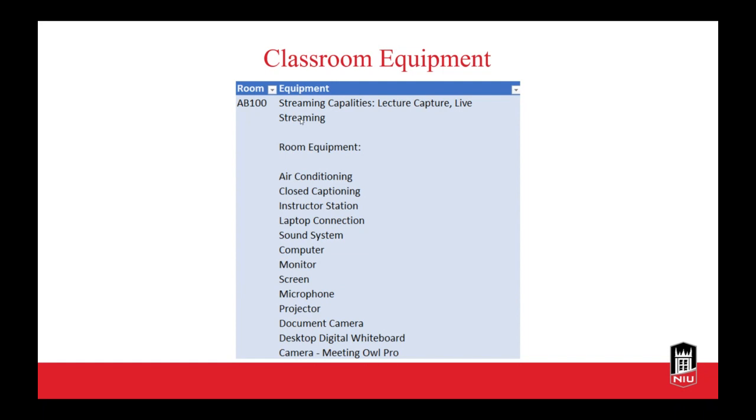But then this room also has a document camera, a digital whiteboard, which is actually a touch pen monitor. We'll look at that in a moment. And it has a camera. In particular, this room has a Meeting Owl Pro. And we'll talk about what that means and what the different types of cameras that are in these classrooms are and how you would use them differently. But you can use this information from the classroom's website in order to find out what exactly is in the room that you'll be teaching in.